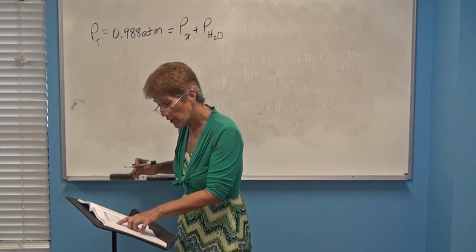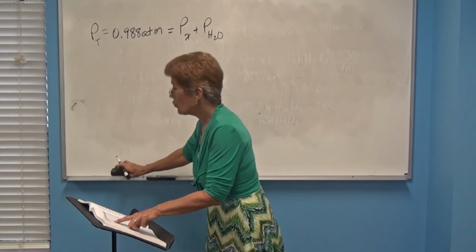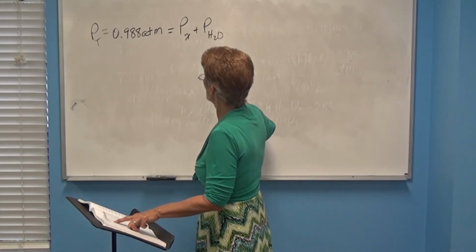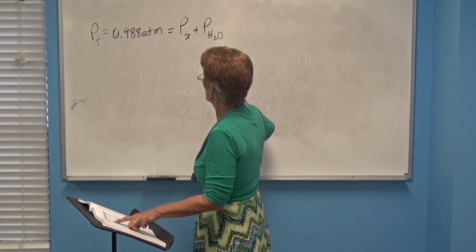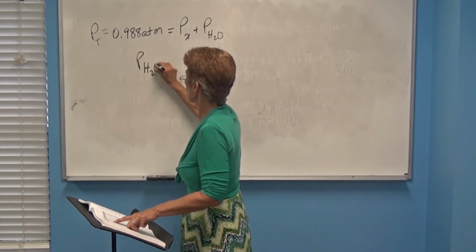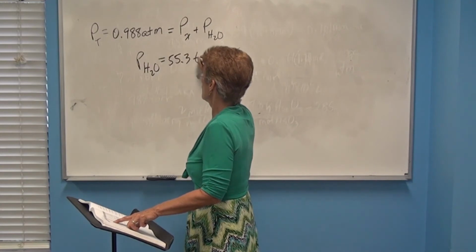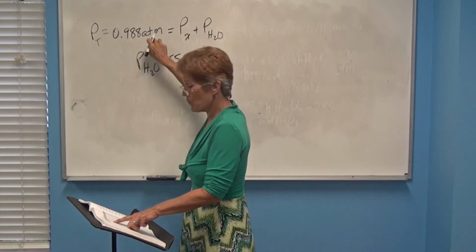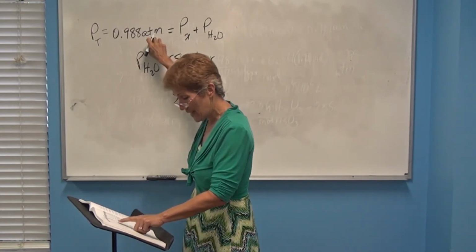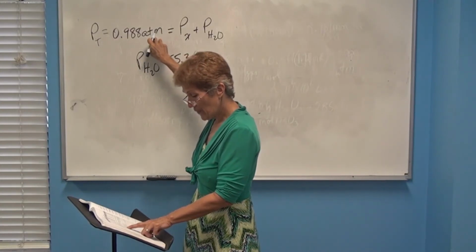So you go up here and look at 40 degrees Celsius and it gives us 55.3 torr. But the reason I'm not putting it in there is because this is in atmospheres, isn't it? Right? So we have to convert.